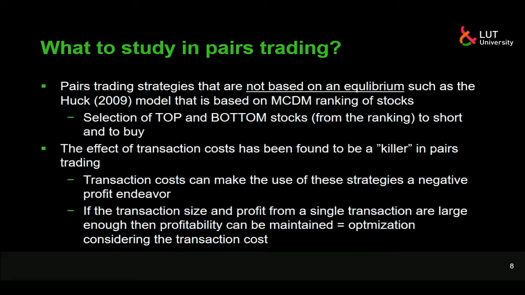Here's, for example, a paper by Hook from 2009, who used a French multiple criteria decision-making model, or ranking model, called Electre. It was Electre 3, he called it. And he ranked different stocks by using a number of criteria. He just said, okay, I'm going to take the top stock and the lowest stock, and I'm going to short the top stock, and I'm going to buy the lowest stock.